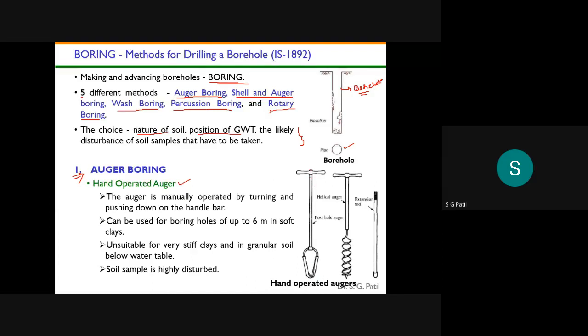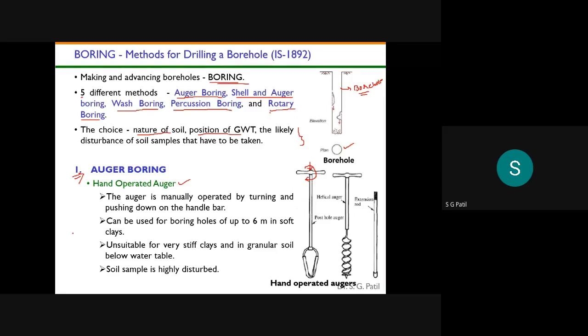Okay, what we'll do is push this auger into the ground and simultaneously apply some torque. With the combination of vertical pressure and torque, we'll insert this auger into the ground.